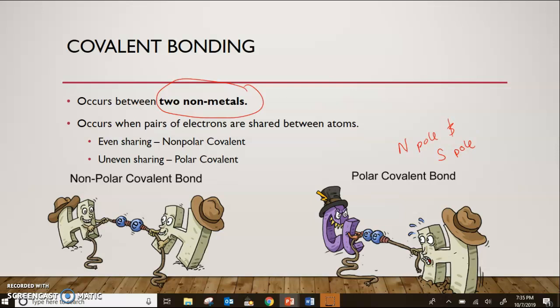I have one positive end and one negative end. We'll look at this more later as we progress through this unit. But this is a very uneven sharing of electrons. Notice here that this chlorine is really working to pull that pair of electrons away from that hydrogen. Whereas with a nonpolar covalent bond, these electrons get shared relatively equally over two atoms.